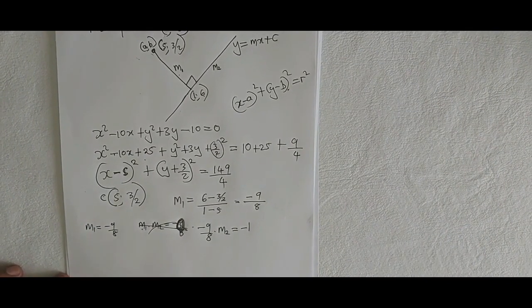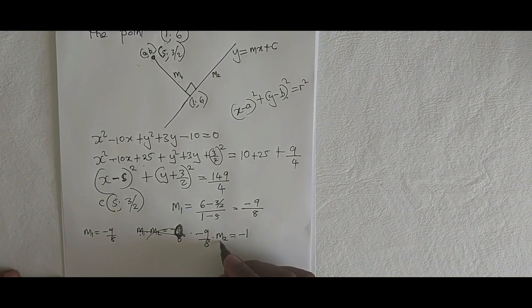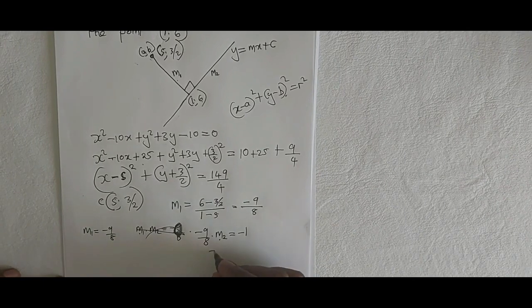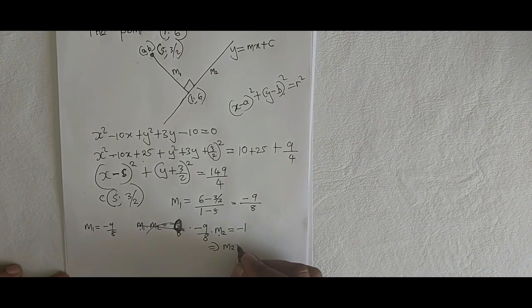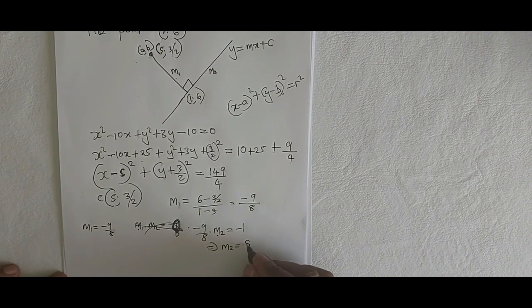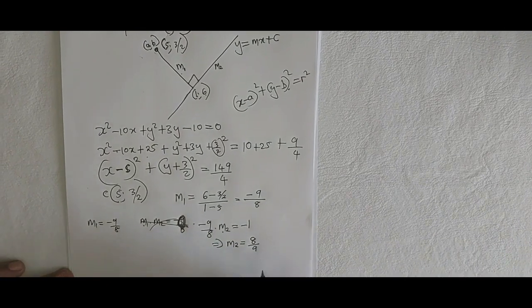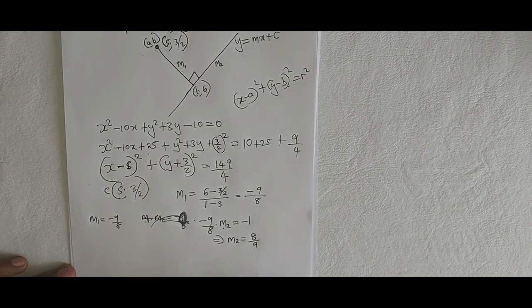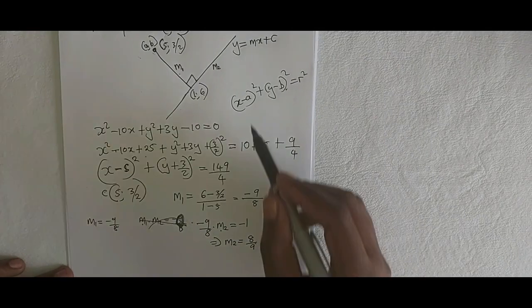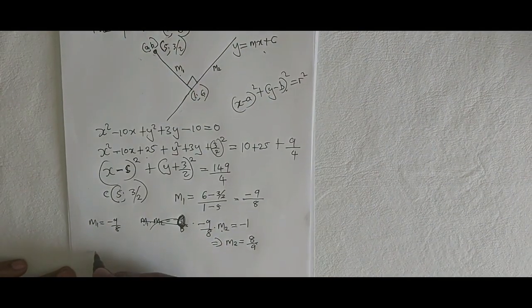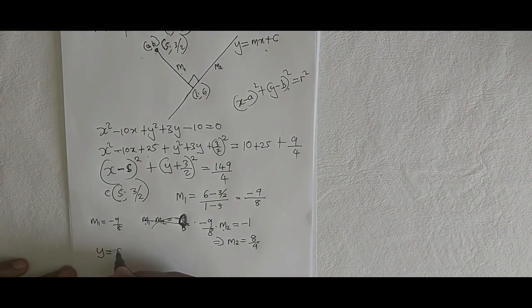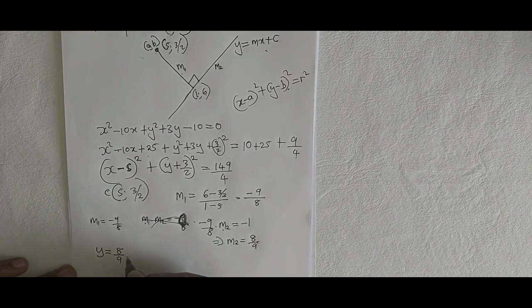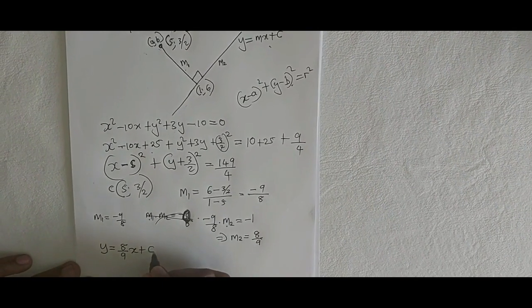Therefore, we solve for M2, which in this case must equal 8 over 9. After solving, we substitute it into the equation, that is to say, y equals 8 over 9 x plus c.